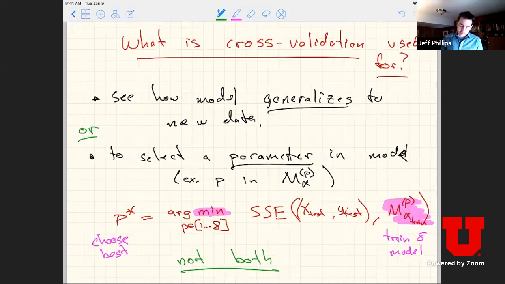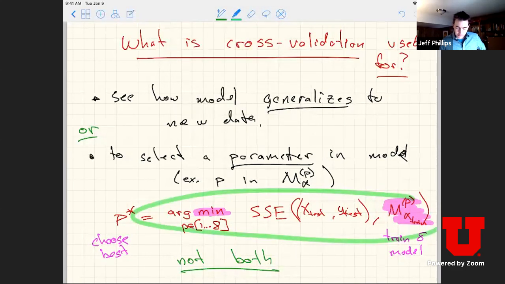If I do this, I'm doing some arg min process here, right? This process is an arg min.